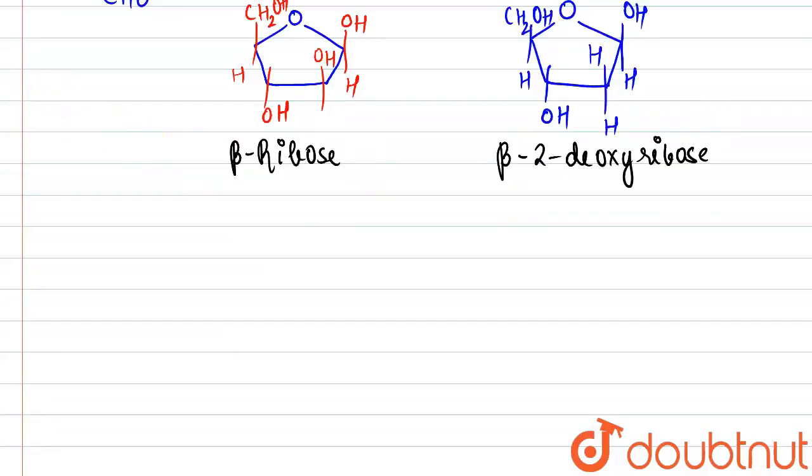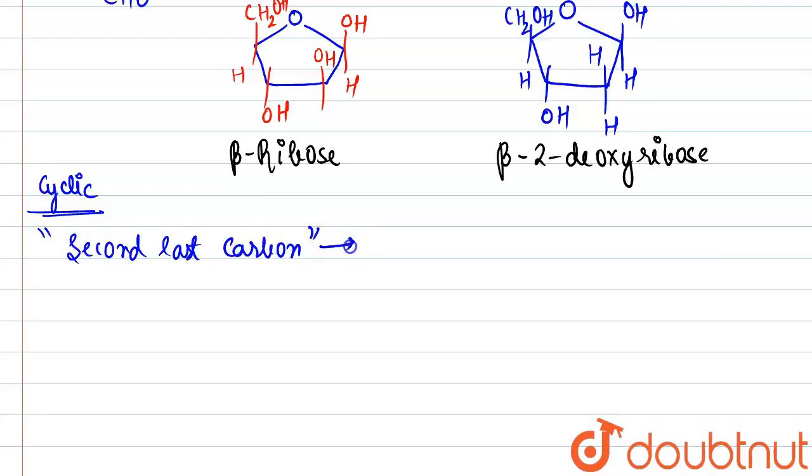For that, we need to remember a small point. In the case of cyclic structures, if we have to decide D or L configuration, we need to focus on the second last carbon atom. At the second last carbon atom, the OH group present from the bottom side has to be noticed.